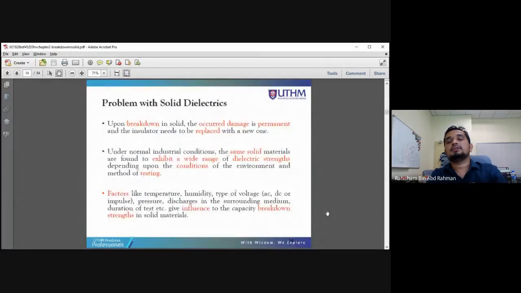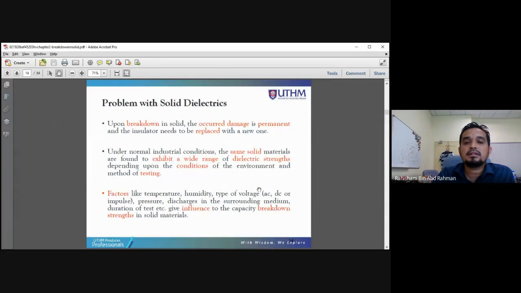The problem with solid dielectric is also due to the breakdown phenomena. The breakdown could happen differently as compared to the gas. First, the initiation of the ionization. Of course, this is the primary factor that triggers the failure of any dielectric material. But the formation within the solid dielectric might be slightly different because it's not replenishable.